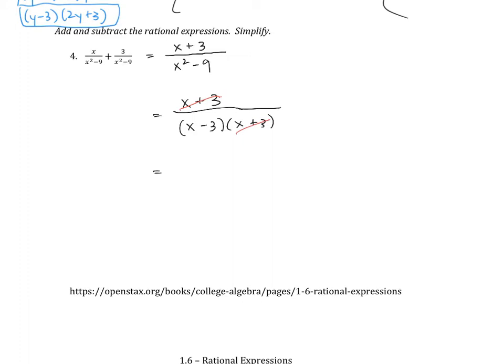If everything from one of the parts cancels out, remember that it's leaving ones in its place. So now what's left on the top is a 1 and an x minus 3 on the bottom. So that is your sum in lowest terms. So when you are given something that already has a common denominator, look for the fact that you might need to simplify. Okay, otherwise it's just too simple. So make sure you're looking to see if you can simplify at the end.